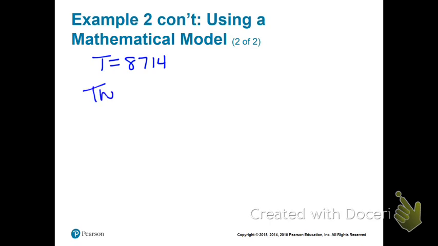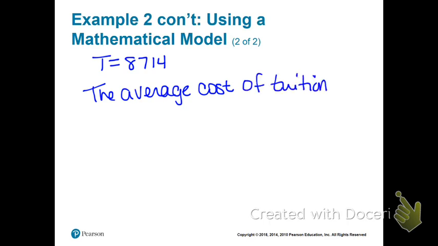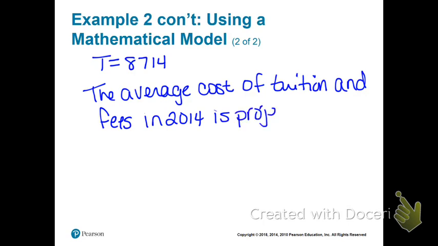So we could say the average cost of tuition and fees, don't abbreviate anything, it's got to be a complete sentence, in 2014 is projected to be $8,714. And there is our solution.